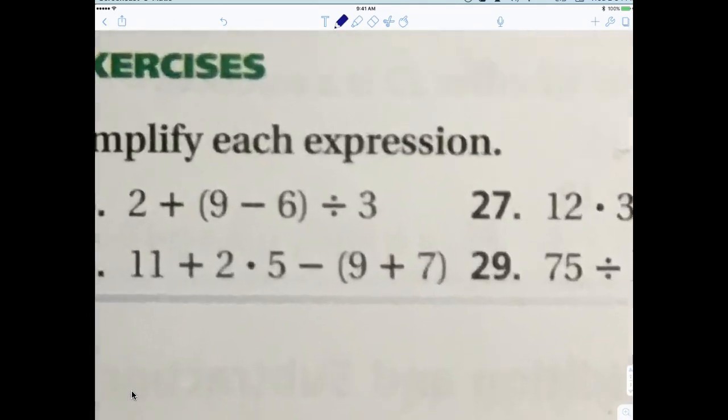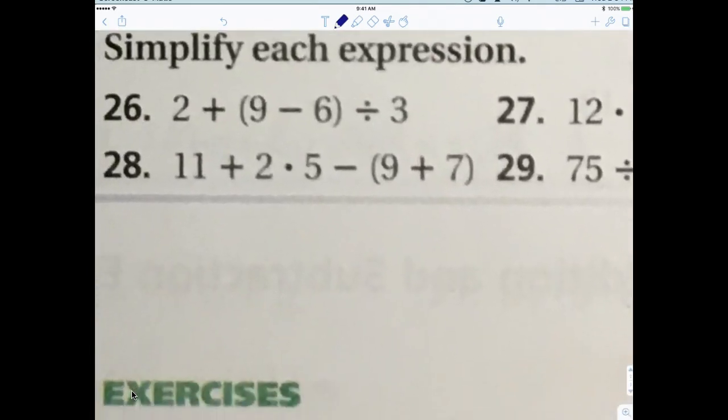Alright, now we've got to do our order of operations. And we should be pretty good at this because we spent a lot of time on this. Thomas, what am I going to do first on this problem number 26? Yep. Parentheses. So what is that going to give you? Yes.